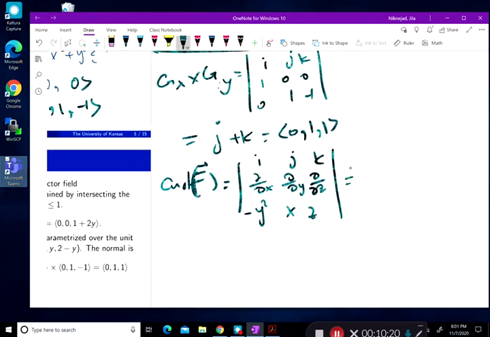So doing the partials, for i you get 0. For j, you get again 0.